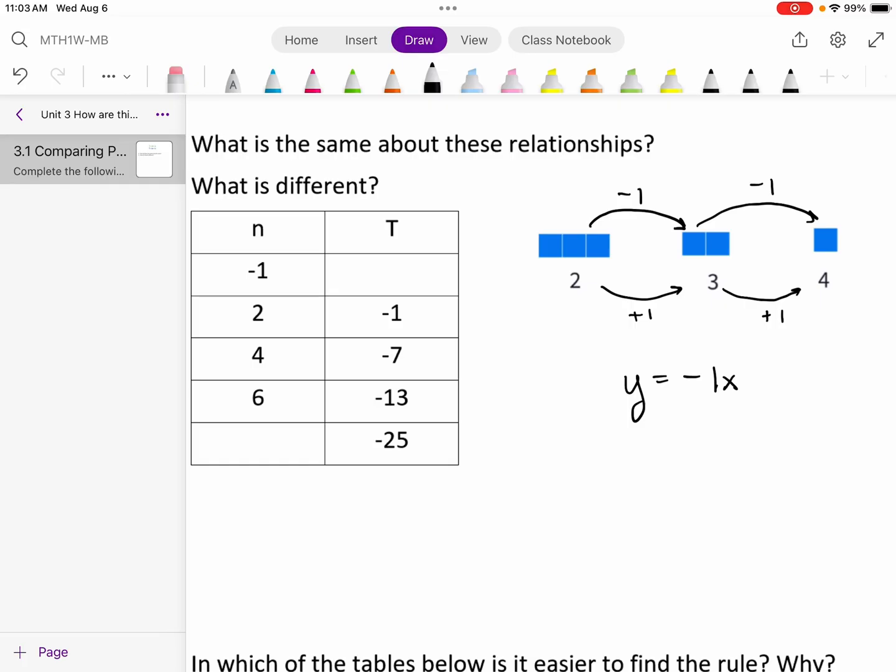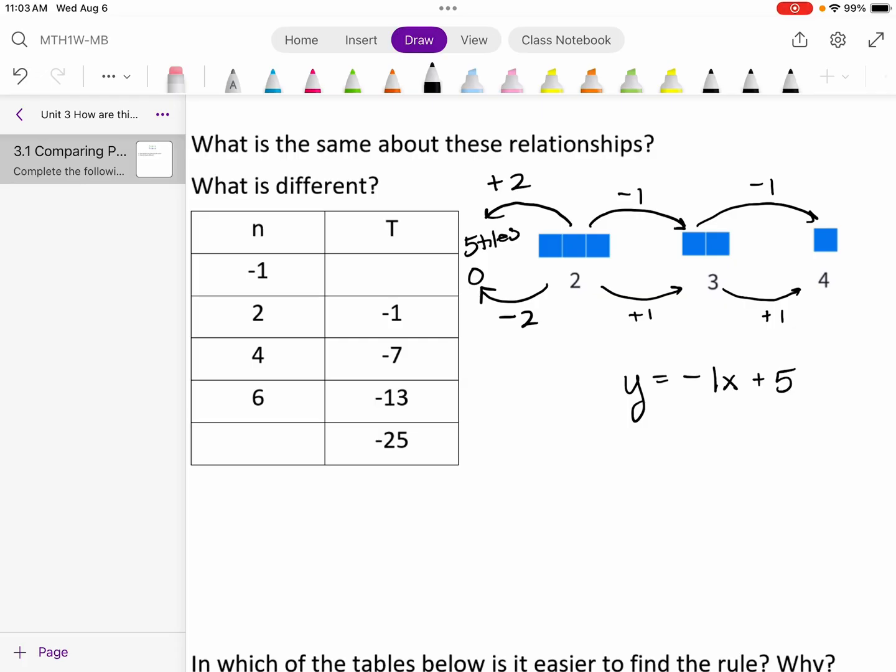Now I need to work backwards to find my 0 term. So I'm going to, sorry, not subtract 2, I'm doing the opposite, so I'm going to add 2. So I'm going to have 5 tiles. So I'm going to have negative 1x plus 5.